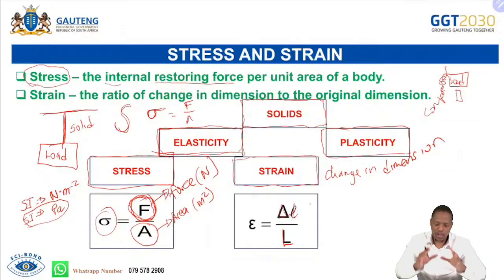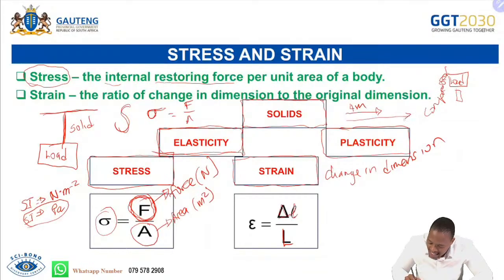When they talk about strain, they are going to say the object stretches by, or the object stretches to. This is what the examiner does. For example, here's the object, which was 4 meters, and they say now the object stretches to 5 meters, grade 12.